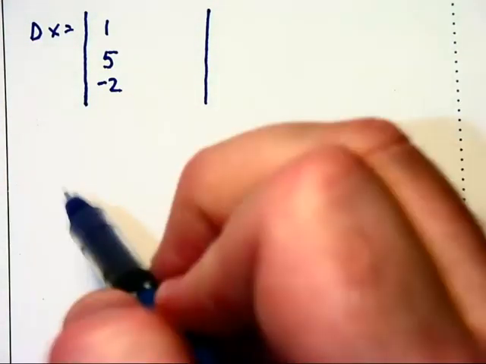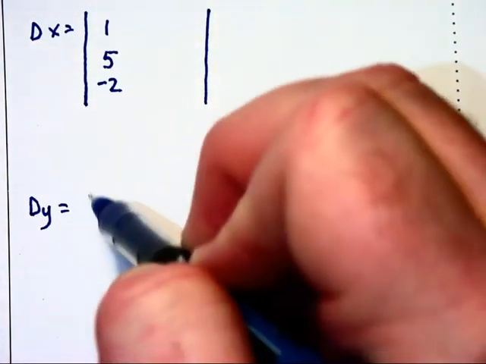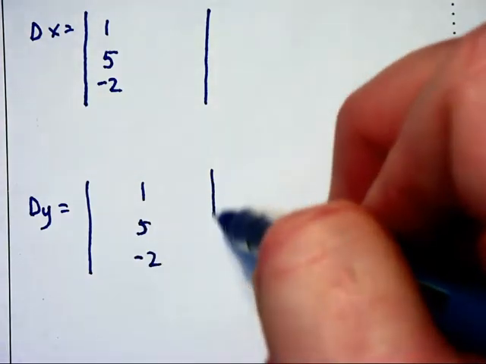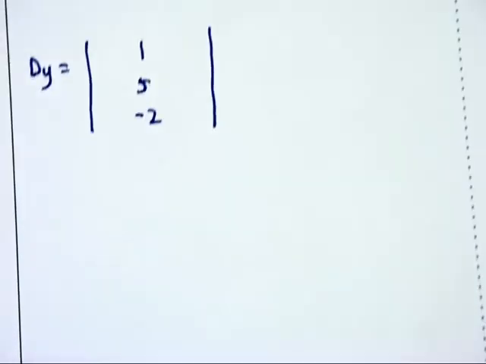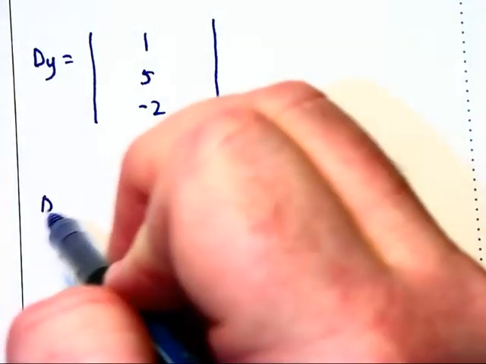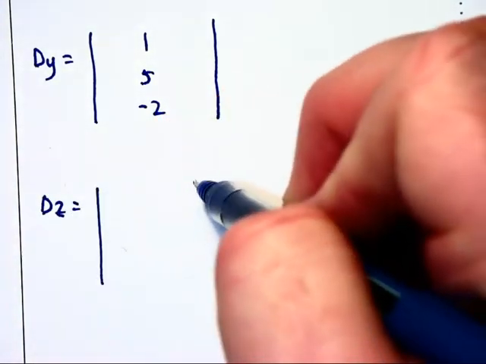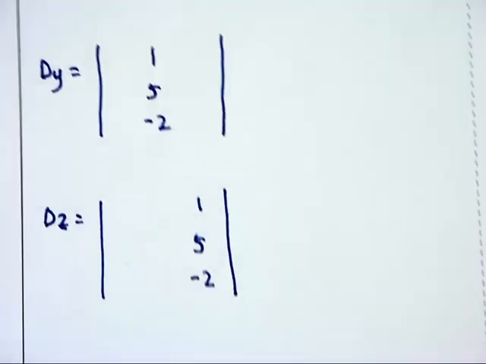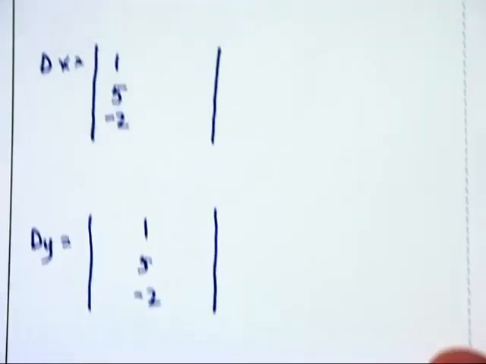Move down a little bit. dy is going to have the 1, 5, -2 in the middle column. And dz is going to have the 1, 5, -2 in the third column. So this is all the setup that we have to go through first.